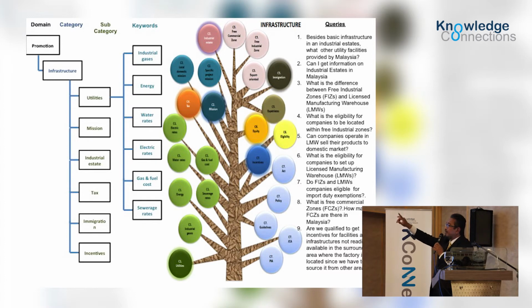From the domain, we create a category. Then from the category, we go to the subcategory, then finally into the keywords. So that is the hierarchy we went through to turn unstructured data into structured data. As you can see on the tree, the fruits are color-coded to identify them.